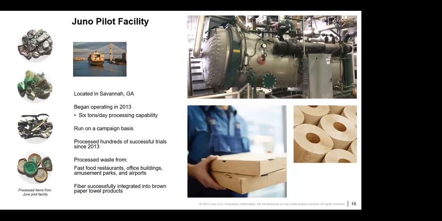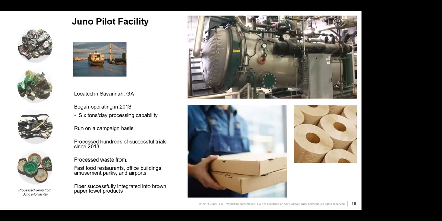So our pilot facility, as I mentioned, was built at our paper mill in Savannah, Georgia. It's a 6-ton unit. We've been processing hundreds of batches through that. You can see we can recover metals. We've got plastics, slightly deformed PET plastics that are coming out. And they always like to point out that we have the Starbucks caps that are coming off of those bottles that are in the waste stream.